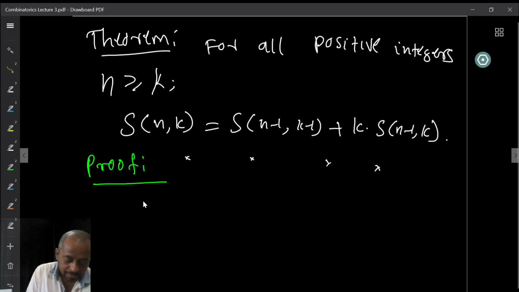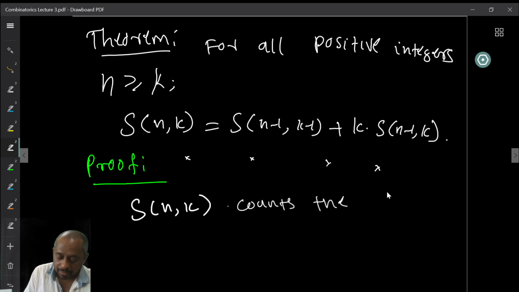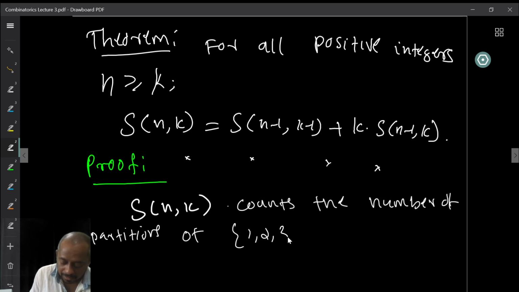Okay, so let us say that S of n,k counts the number of partitions of the set 1, 2, 3, etc., n into k blocks.